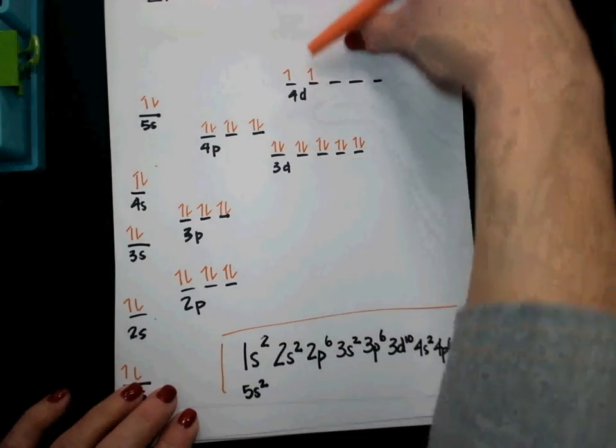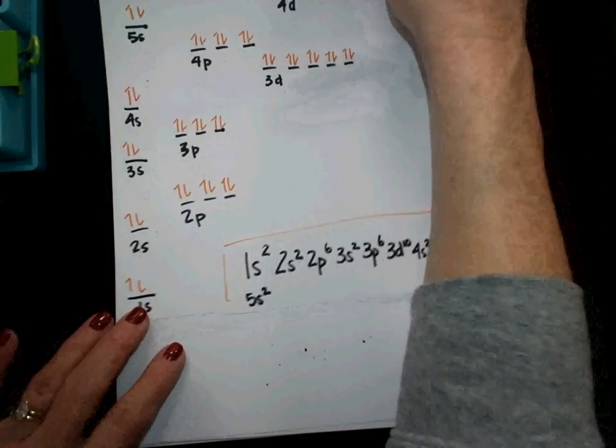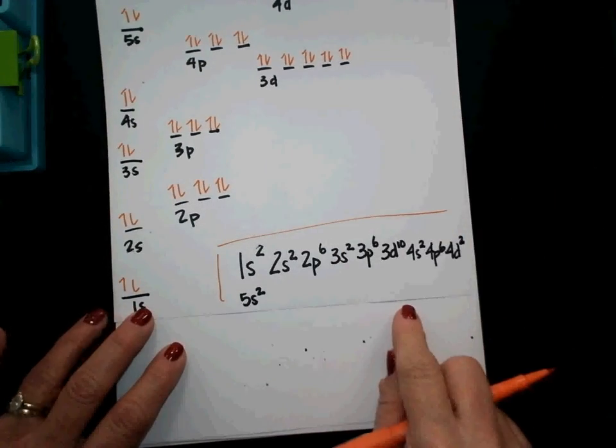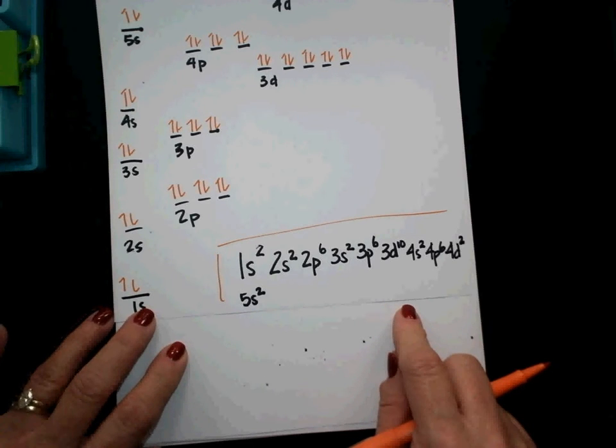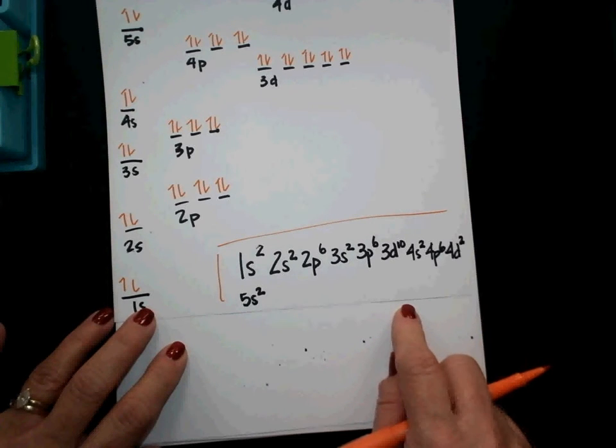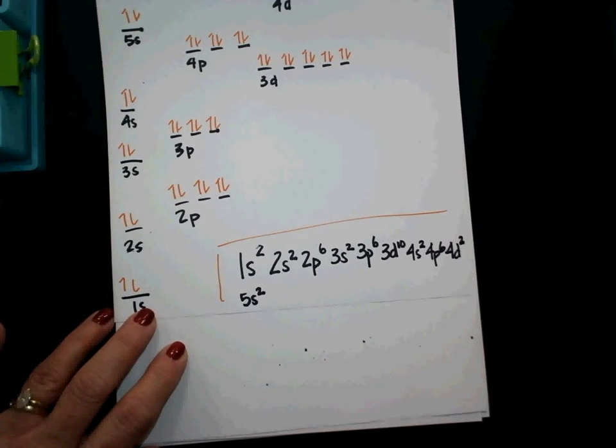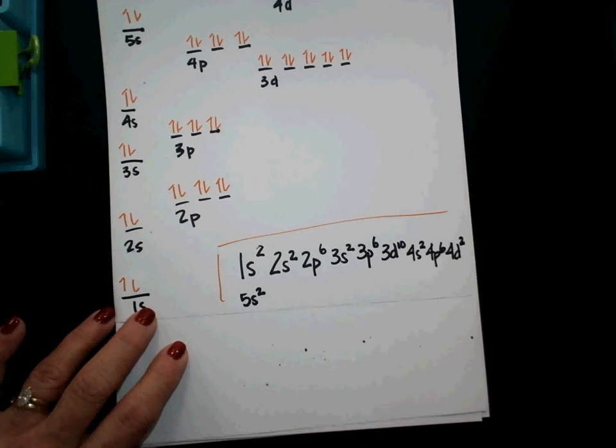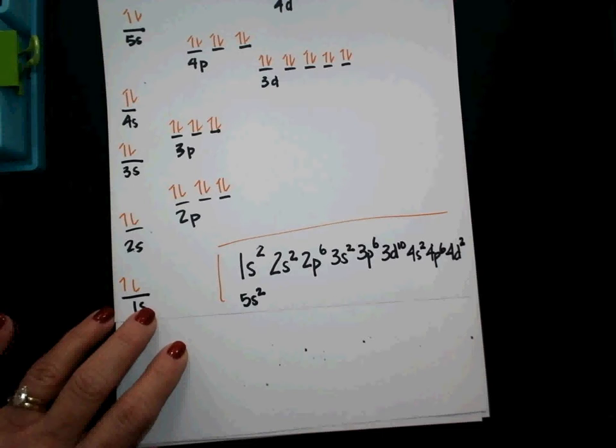And I could ask you questions about this too. I could say, hey, what atom is this? Or, see if you can answer this one: what's the last energy level and last sublevel that filled with any electrons at all? 4d, good job.